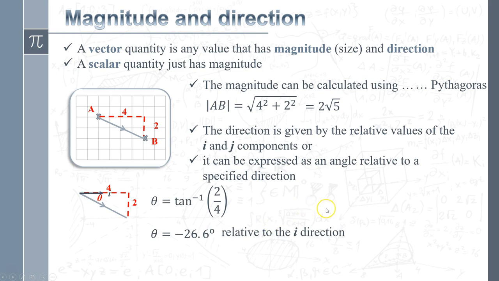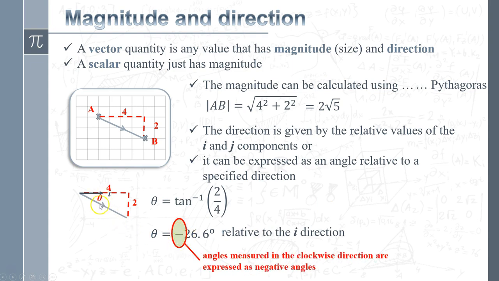So we've got an angle of 26 degrees relative to the i direction, and we've got this negative bit here because it's below the i direction. You should already be aware that any angle measured in the clockwise direction, going around this way, is expressed as a negative. Anything going that way, anti-clockwise, would be positive. So because it's below the i direction, it's a negative angle, so we've got minus 26.6 degrees.